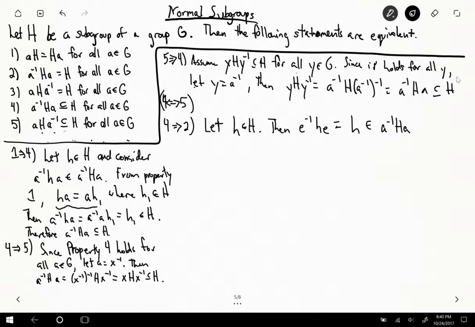Okay? Well, if that's the case, what happens? Since we have this A inverse H A going on here, we end up getting our result that H is contained in A inverse H A. And that's the result we wanted.